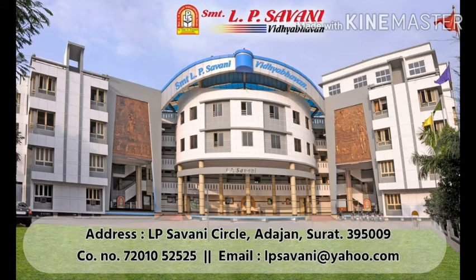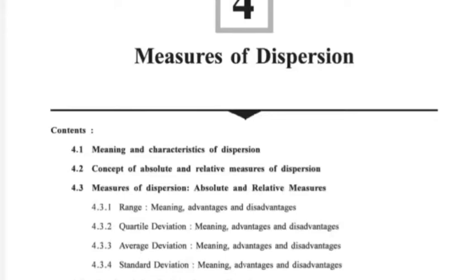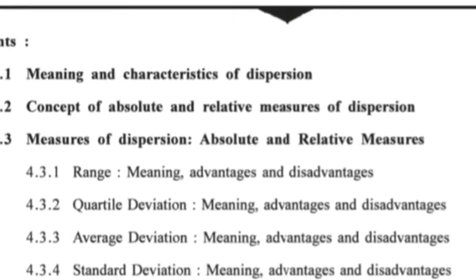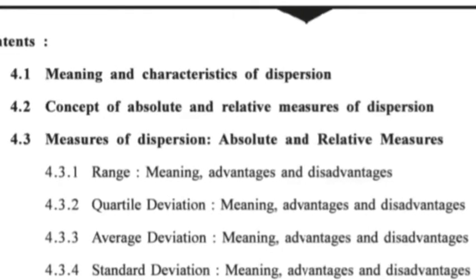Statistics. Dear children, we are on to our fourth chapter, Measures of Dispersion. In this chapter, we are going to see the meaning and the features of dispersion. We are also going to see what are the relative measures of dispersion, what are the absolute measures of dispersion, right?